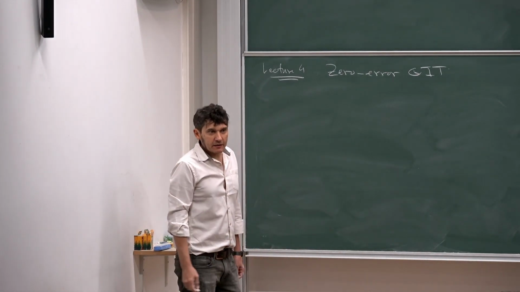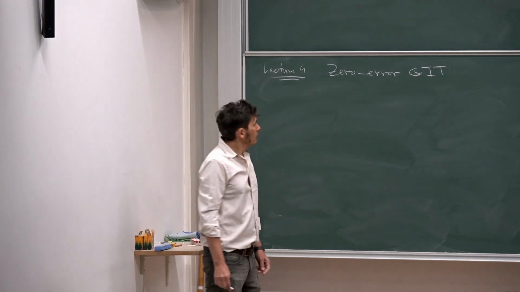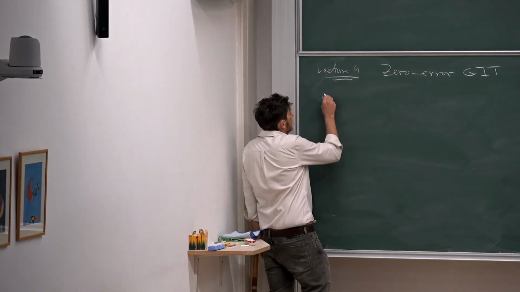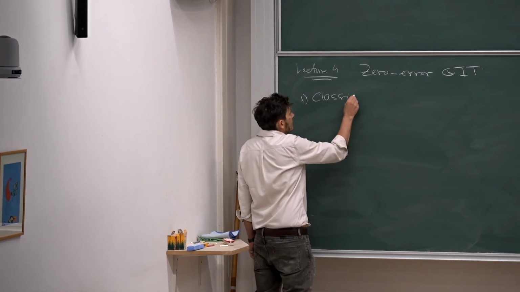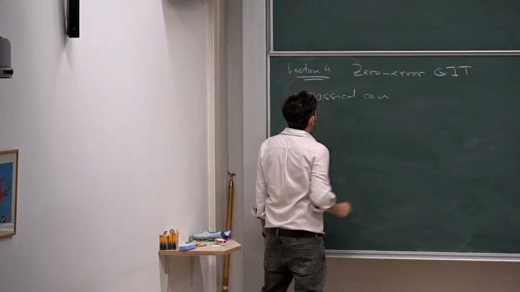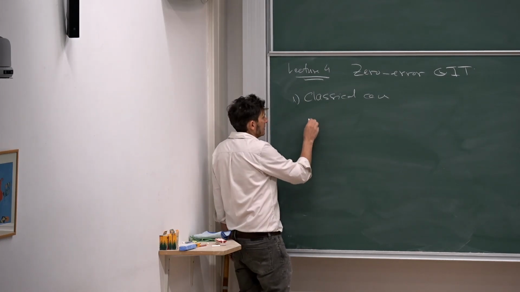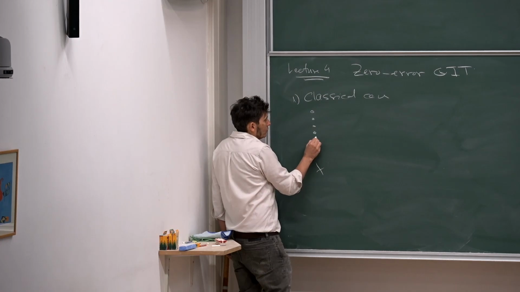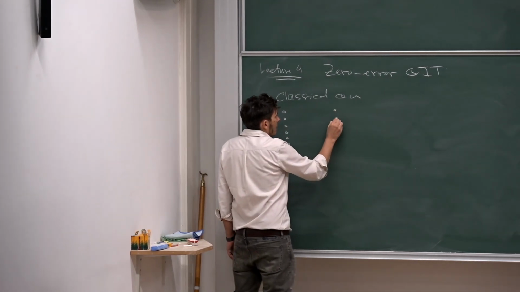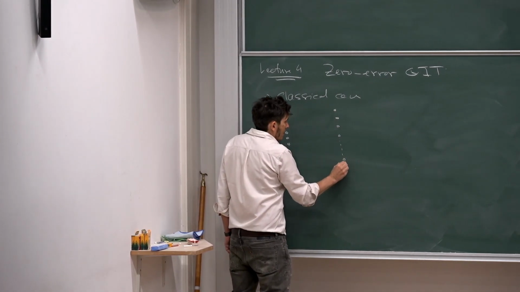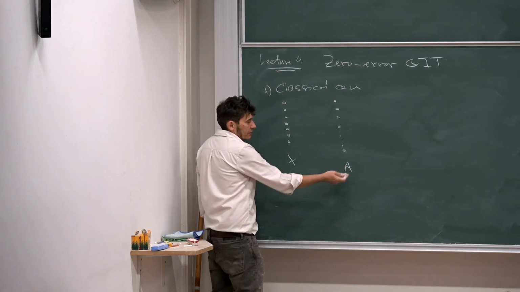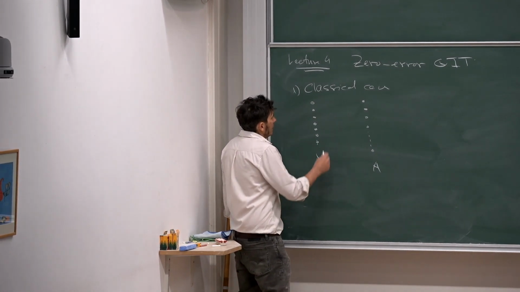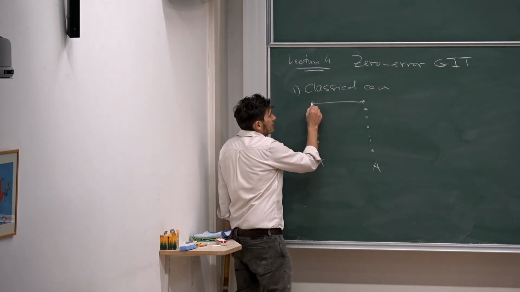How do graphs arise from classical zero-error information theory? In the following way. So first of all, the classical case. You have a noisy classical channel that has a certain alphabet here, and you want to transmit messages from Alice to Bob, let's say, but it's a noisy channel, so you do not have perfect transmission.